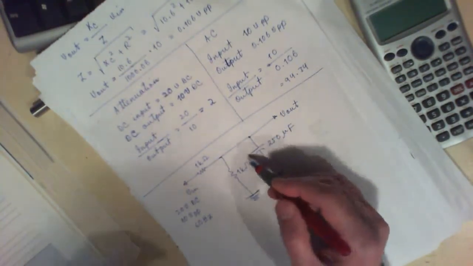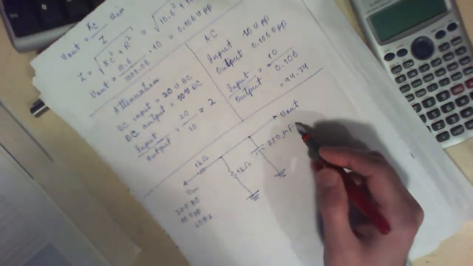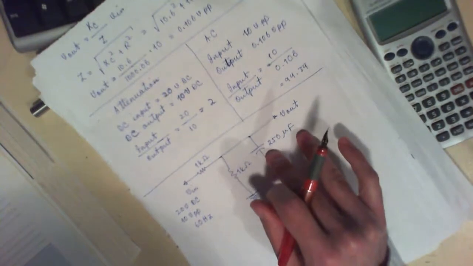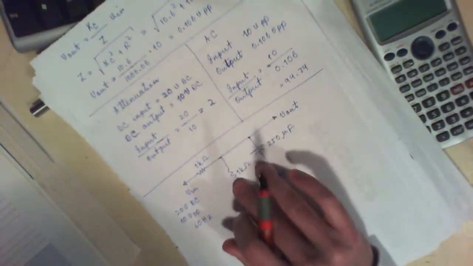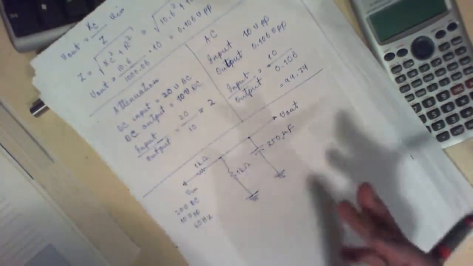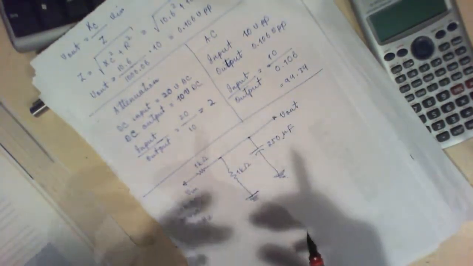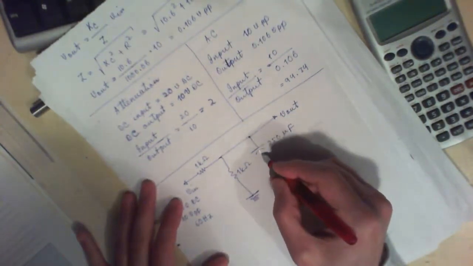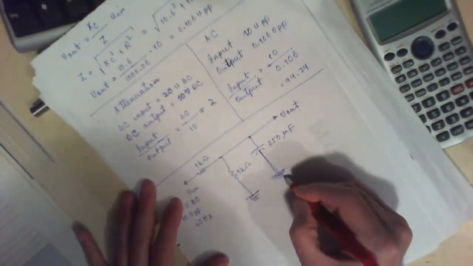I repeat, the reactance over here should be at most 1/10 of the resistance over here, and then you are allowed to oversimplify things in order to do your calculation the way that we are doing it right now.